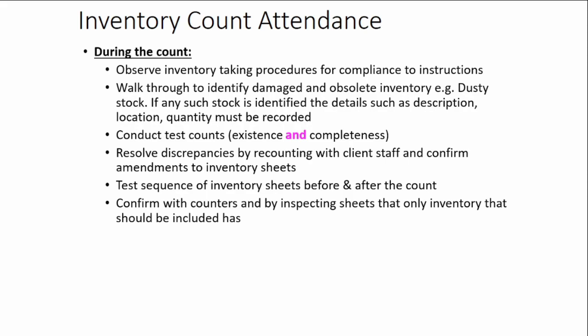Now, oftentimes there will be differences between what exactly has been counted and what exactly is on the accounting records. We want to gain an understanding of how our audit client is dealing with these specific instances. So what is the audit client doing when there are different things that are not agreeing?